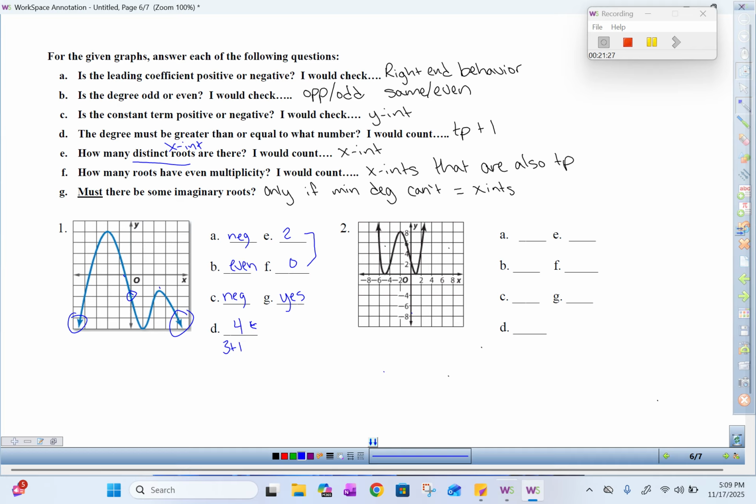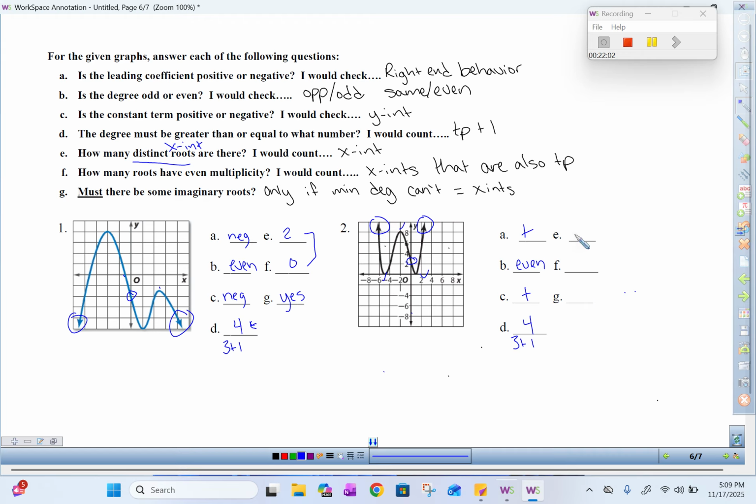Over here, the next one, again, ending at the right, positive. Then they're both going up, so that's even. The y-intercept this time is above the x-axis, so it's positive. The degree must be greater than or equal to 1, 2, 3 turning points plus 1 is 4, which matches our end behavior again.